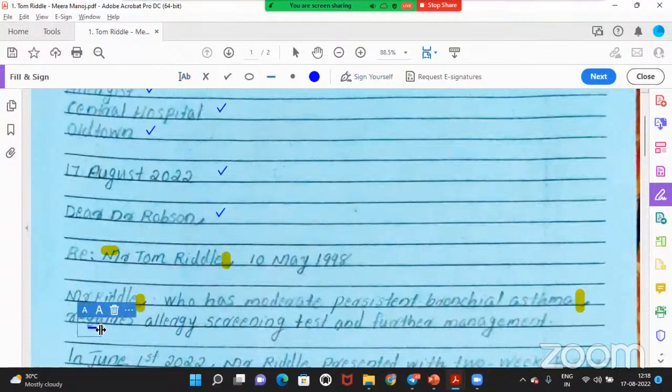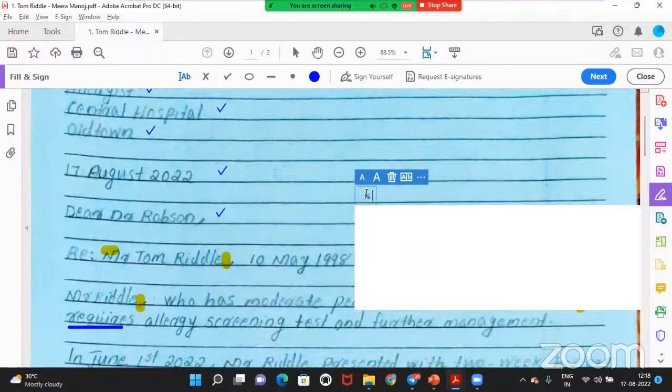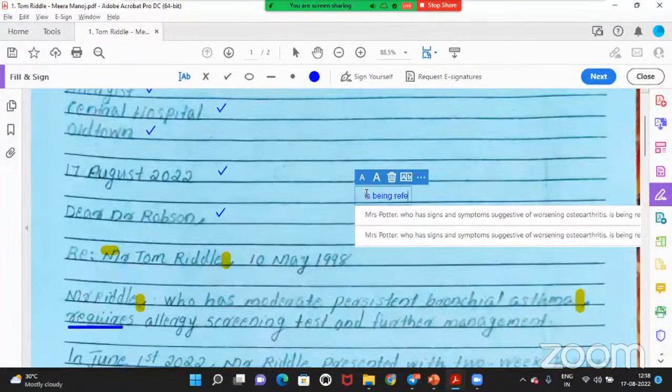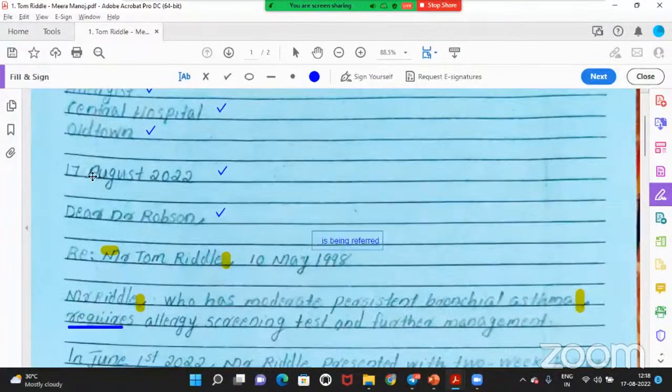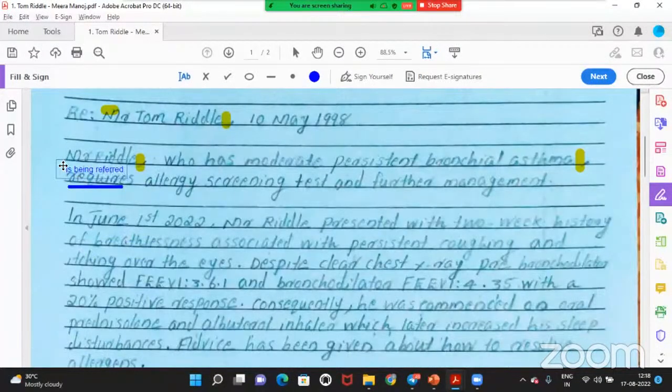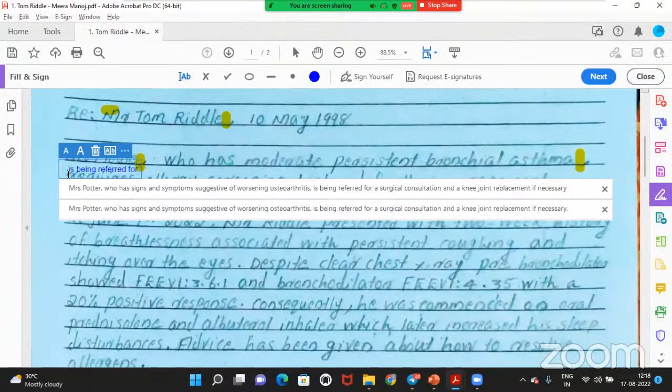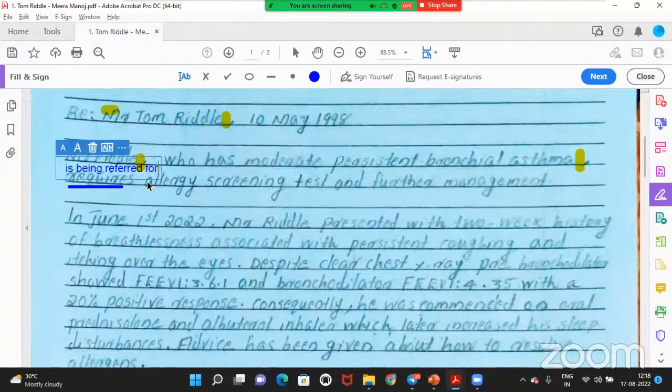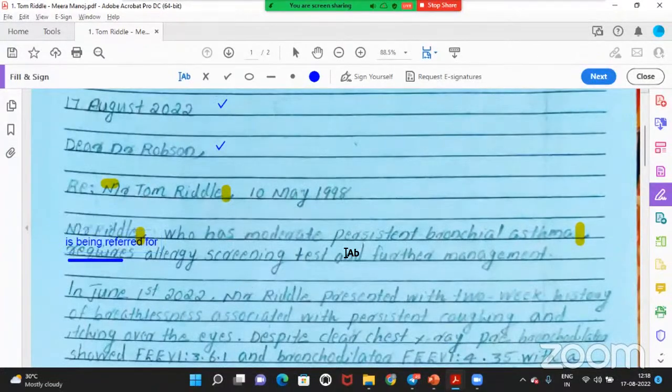Because this is a referral letter, you can say is being referred. Is being referred for. That is better. Mr. Riddle is being referred for allergy screening test and further management. Fine. That's as simple as that.